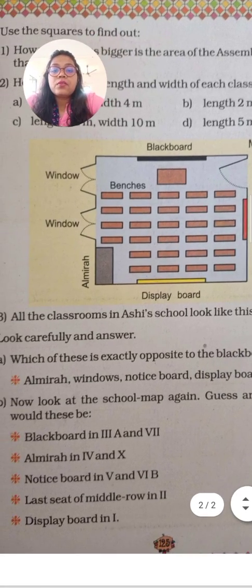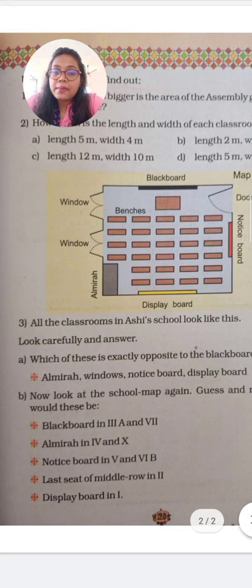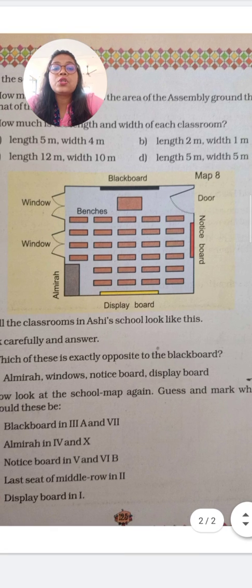Clear? Now look at the map carefully and answer which of these is exactly opposite to the blackboard. So you can see there is a display board.